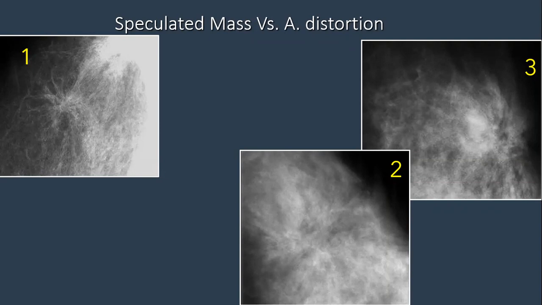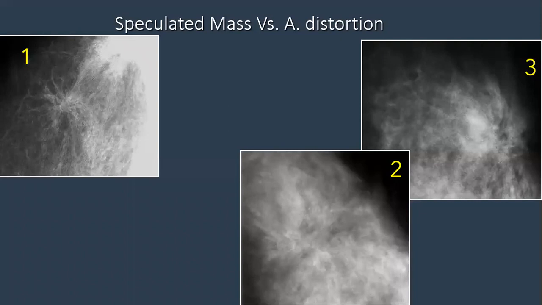Okay. Suhair, what do you think about the three cases? Speculated mass. Which one? Number three, speculated mass. One and two, architectural distortion. Okay. Any other suggestion? Also, I think one and two, architectural distortion, while three is speculated mass.